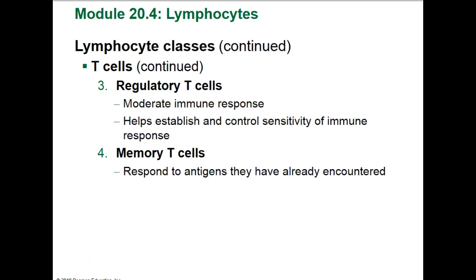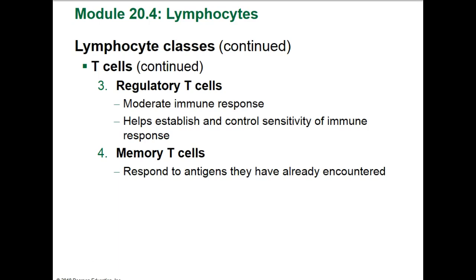You have regulatory T cells that moderate the immune responses. They control sensitivity of the immune response. And then you have memory T cells. They respond to antigens that they've already encountered. It's the memory T cells, at least on the T cell side, that are responsible for the T cell immunity, or longer term immunity.